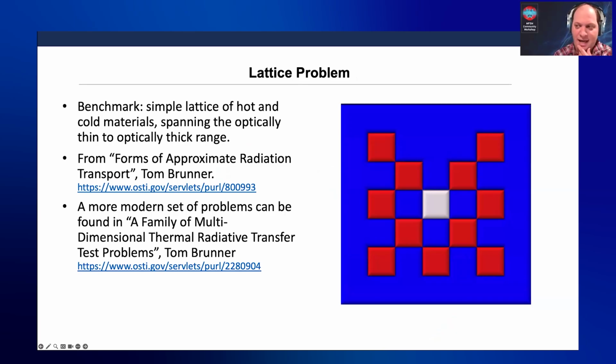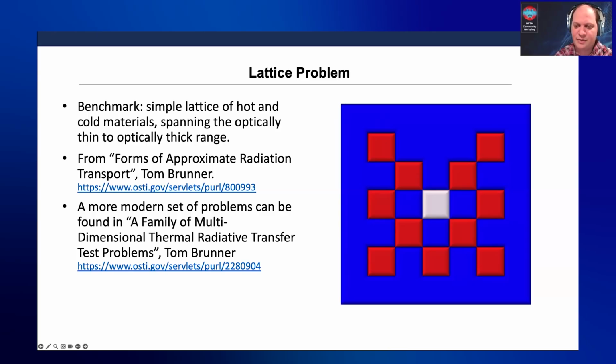We're looking right now at the lattice problem. I'll refer you to the literature on these. These are benchmarks created by Tom Bruner, and they test different aspects and robustness of your transport solver.